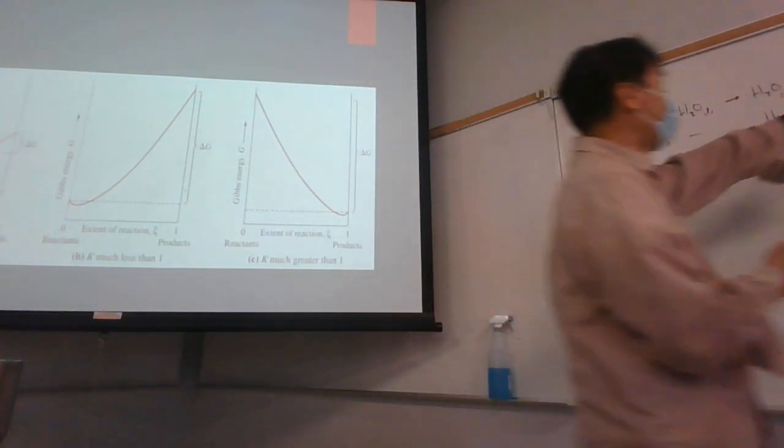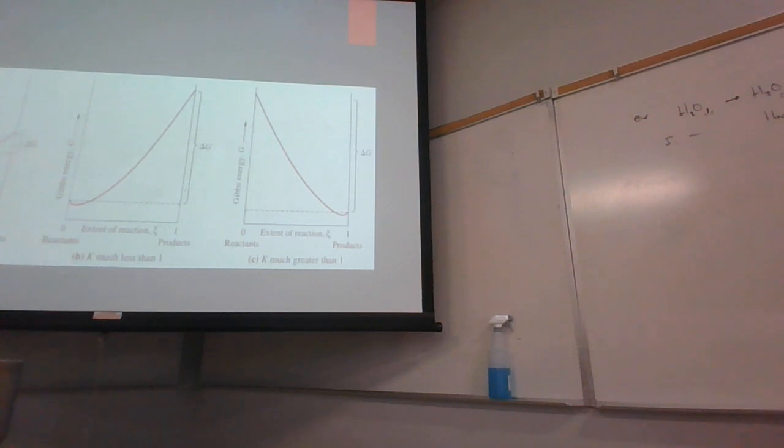For the K, that is 8,500 negative divided by 8.3145 divided by 298, and then take e to that. Oops, I screwed that up, so let me do that one more time. 8,500 negative divided by 8.3145 divided by 298.